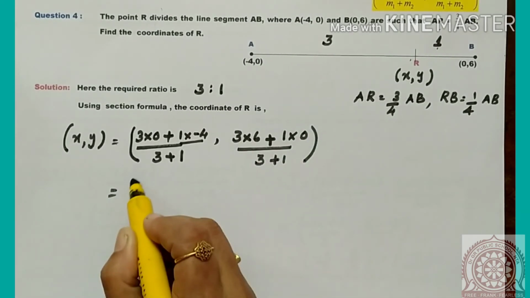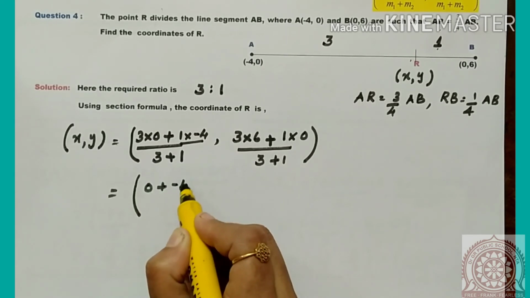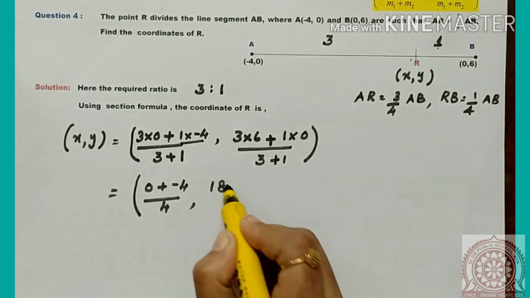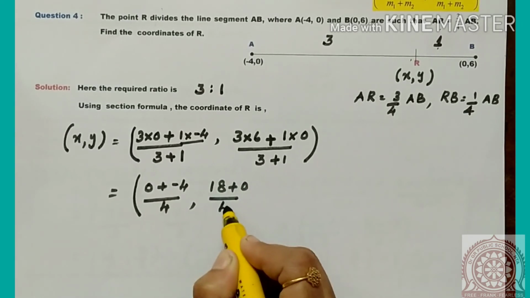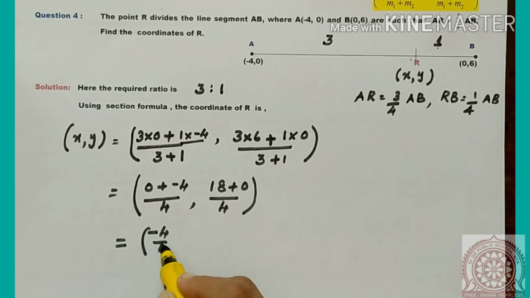Now we can simplify, which is equal to 3 into 0 is 0 plus minus 4 divided by 4, and the other one is 6 into 3 is 18 plus 0 divided by 4. So the answer is minus 4 by 4 and 18 by 4.